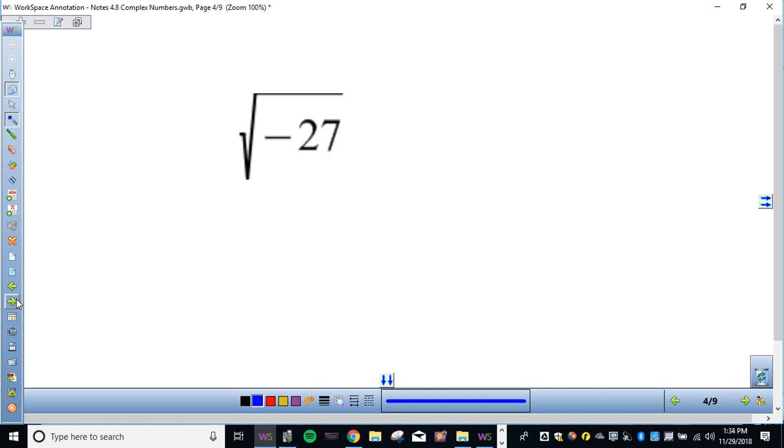Good, good. You're always going to have that square root of negative 1, right? Good job. It's all good. Here you go.